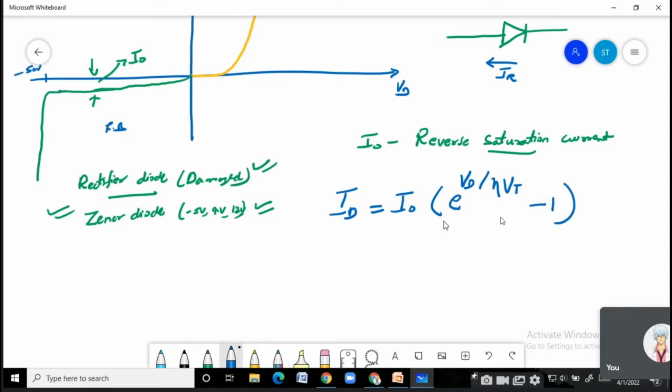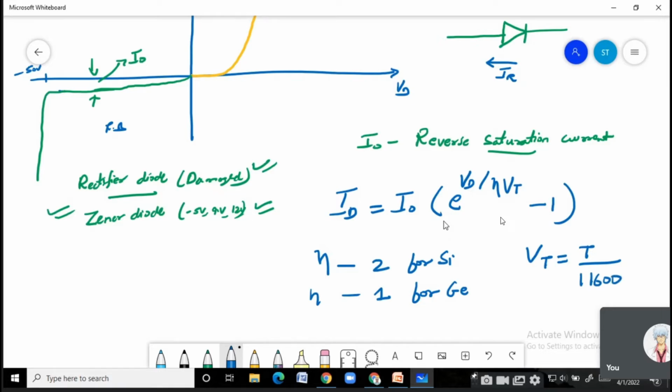Here eta is a constant, it is 2 for silicon diodes and 1 for germanium diodes. VT is capital T, the temperature in Kelvin, upon 11600.